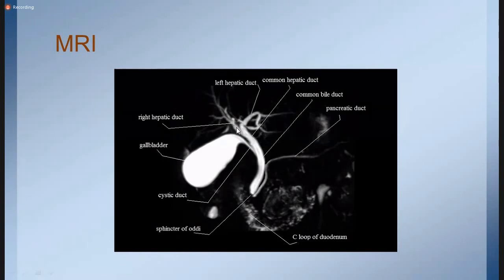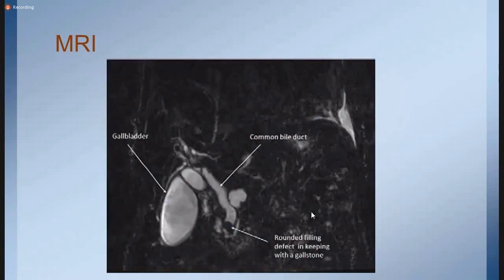This is right hepatic duct, this is left hepatic duct, this is common hepatic duct, this is cystic duct, this is gallbladder, and this is common bile duct, this is pancreatic duct and the sphincter of Oddi, and this is the duodenum. This is normal anatomy.